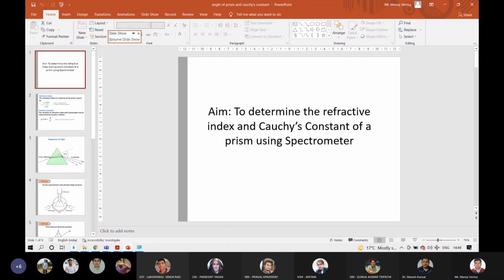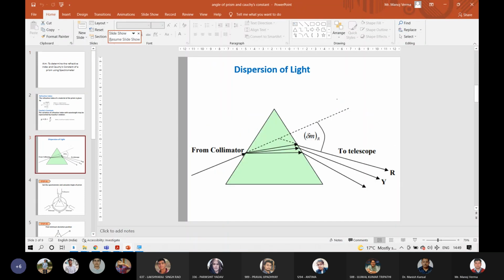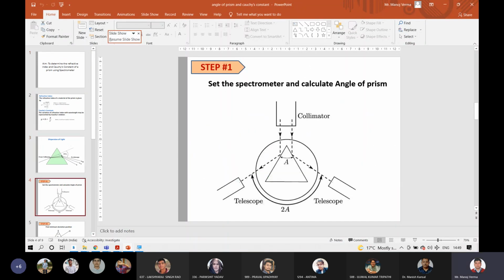You have to place your prism in this way so that light coming from this collimator will fall on this prism like this, on one end and on another end also. And after reflection from this prism, I will view these light rays with the help of the telescope.